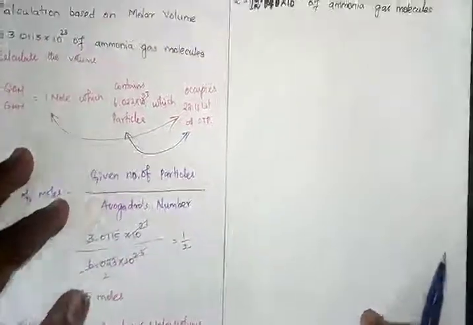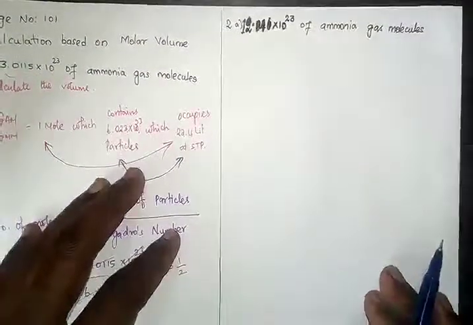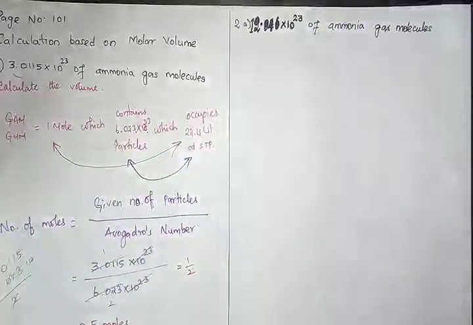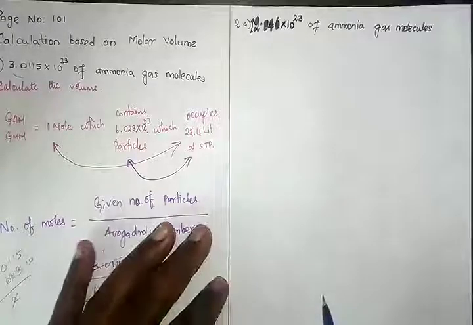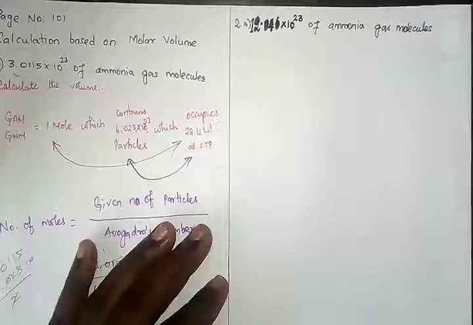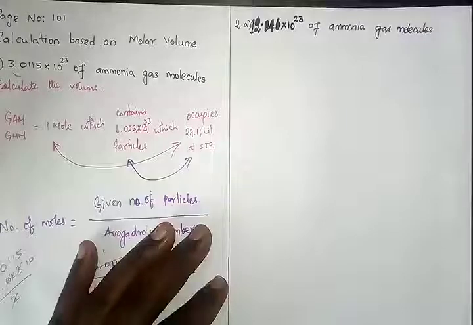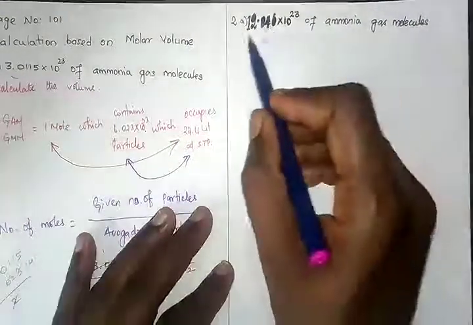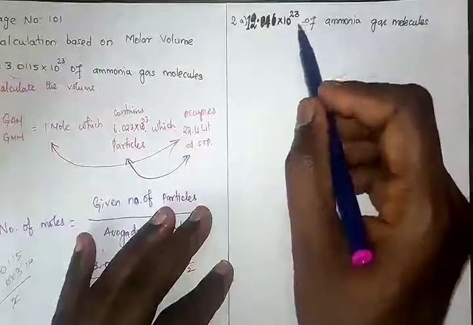Now, based on the answer given in your book, we can write one more sum, that is 12.046 in 10 to the power of 23 particles of ammonia gas. So the very similar idea, when you are provided with the number of particles, first we need to convert this number of molecules into moles.